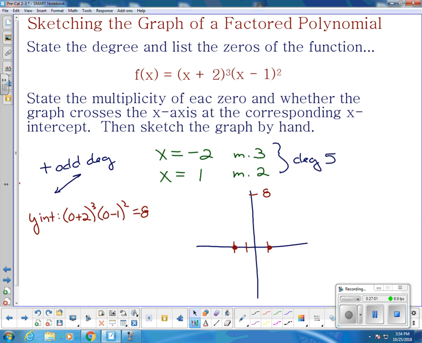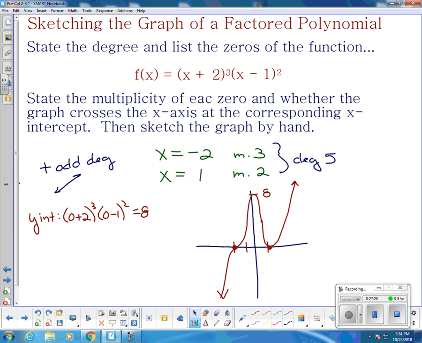We have to start low because of our end behavior. We're going to start low on the left and end high on the right. So here we go. Negative 2 has a multiplicity of 3, so I'm going to have to come up here, cross that with an inflection, hit the y-intercept, continue down, and bounce off the 0 at 1.